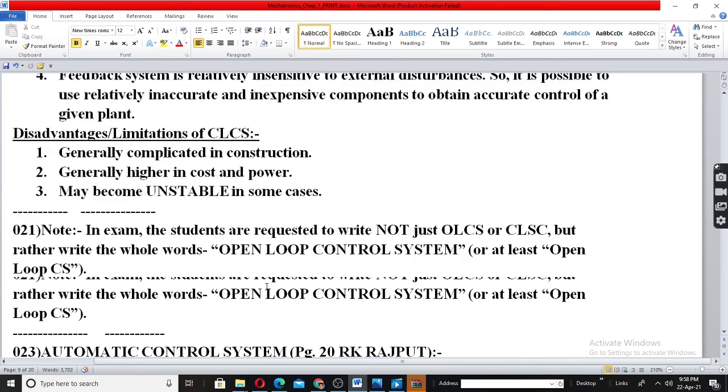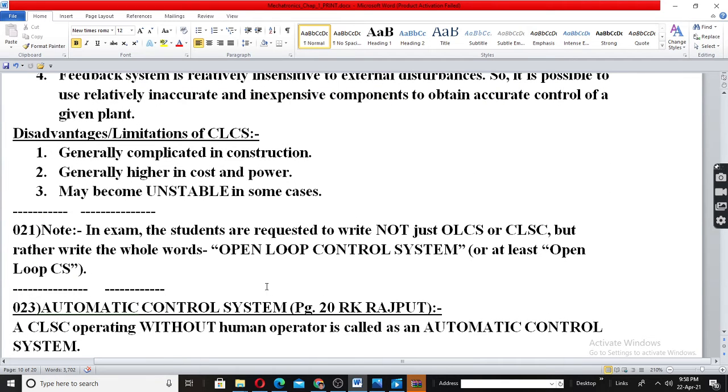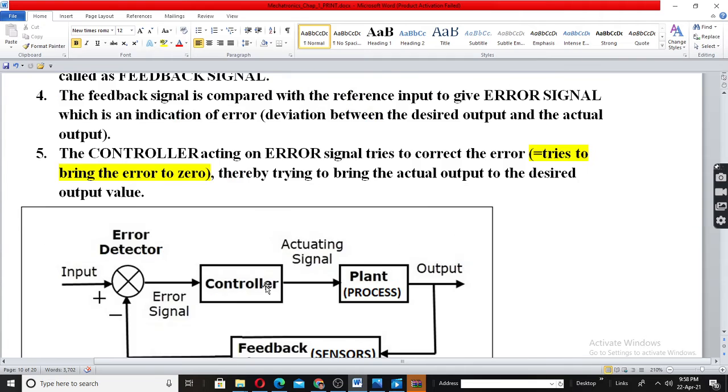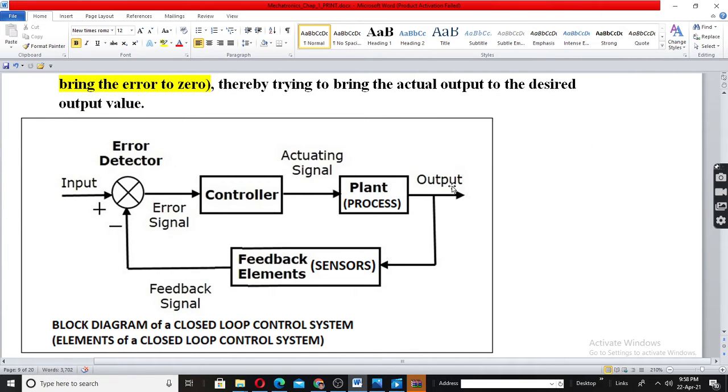So this is the advantage of the closed loop control system. But a closed loop control system is costly and sometimes it becomes unstable. Suppose the output environment changes frequently, then the feedback signal will be changing continuously. Suppose while going on the road, you get a hump.